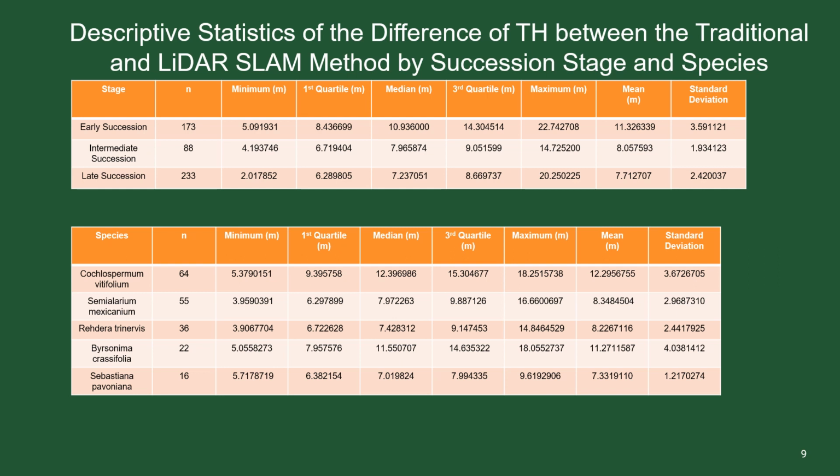And doing the same thing with tree height measurements now, we can see that in the successional stages there is a difference of just under 4 meters between early succession difference and late succession difference. And then additionally, there seems to be another 4 to 5 meter difference between Cochleospermum vitifolium mean difference and Sebastiana pavoniana mean difference.